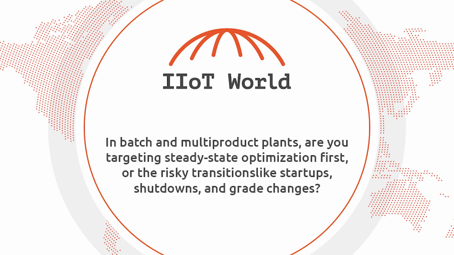Thank you for that. Now, let's double click a little bit on the batch or multi-product plants. Are you targeting steady state optimization first, or the risky transition like startups, shutdowns, and grade changes? I would say obviously the steady state optimization is the first use case. Generally speaking, the reason why you do it is the same across, which is safety at the end of the day, but the use case, like steady state optimization versus startups and shutdowns, is more on a per customer basis.